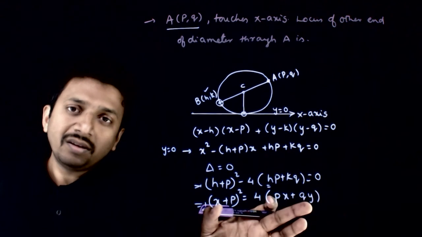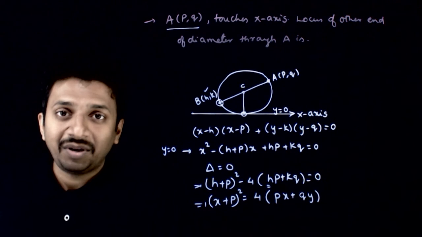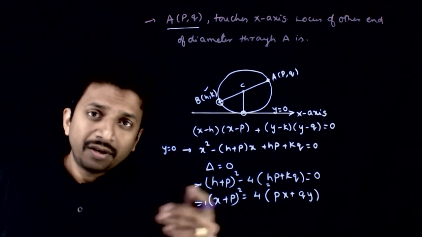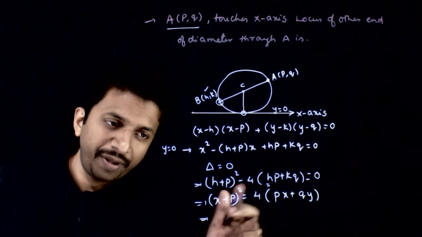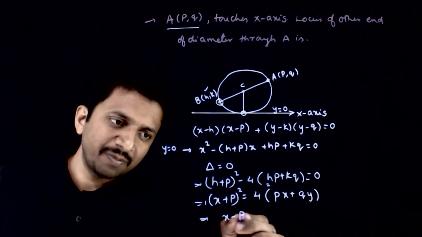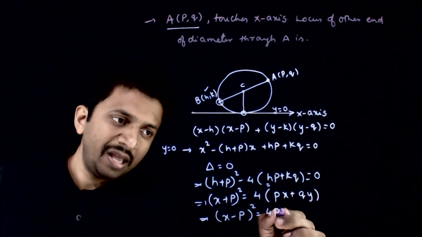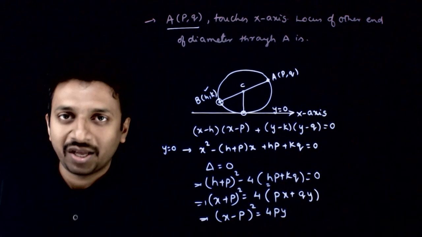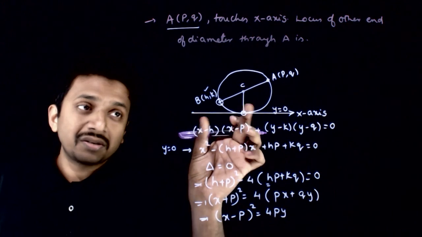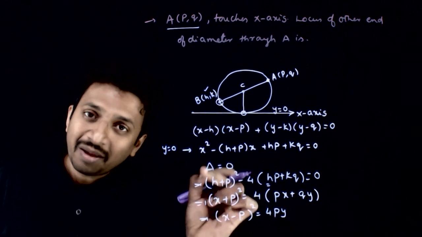So this will be the locus of the other end of the diameter through P. If you simplify this further, you get (x plus p) whole squared minus 4px, so you can write it as (x minus p) whole squared is equal to 4qy. So this looks like a standard parabolic equation. So the locus of the other end of the diameter will be a parabola.